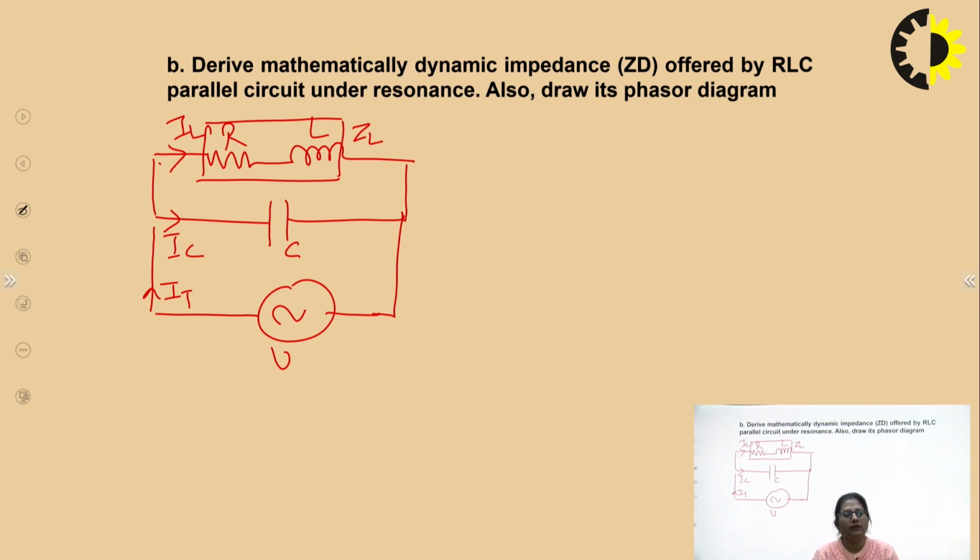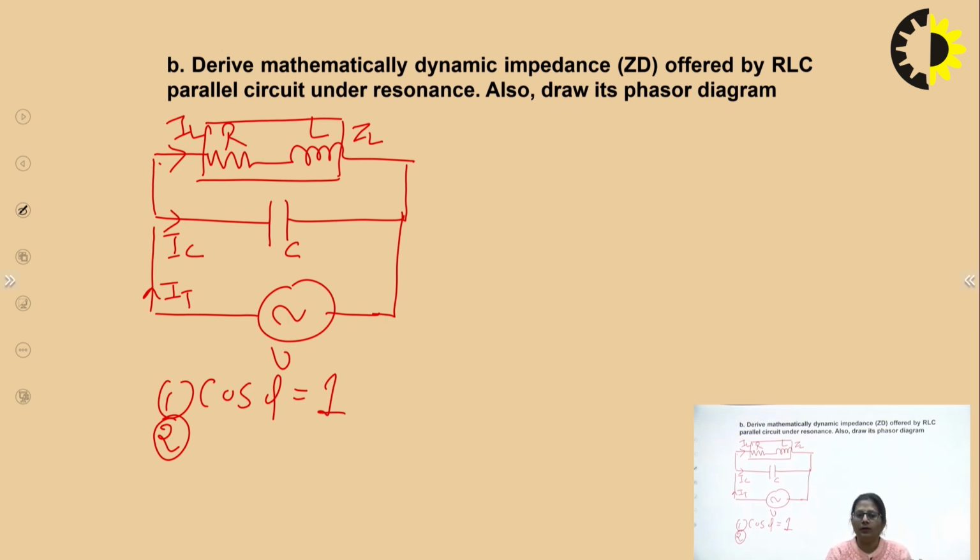Now for the parallel resonance circuit, we know its characteristics: first of all, its power factor is going to be unity. For making the power factor unity, we will derive the conditions and the impedance. We will see that at resonance, the impedance of this parallel resonance circuit is a combination of the dynamic components.